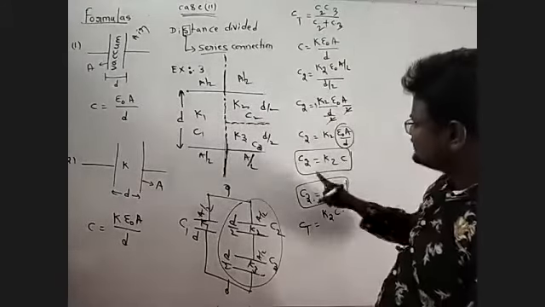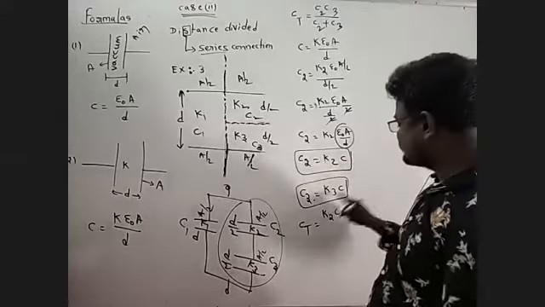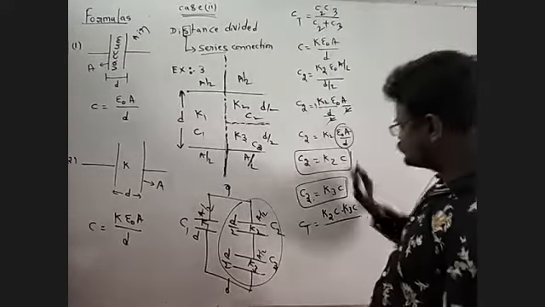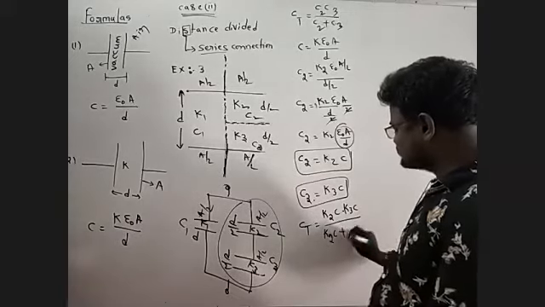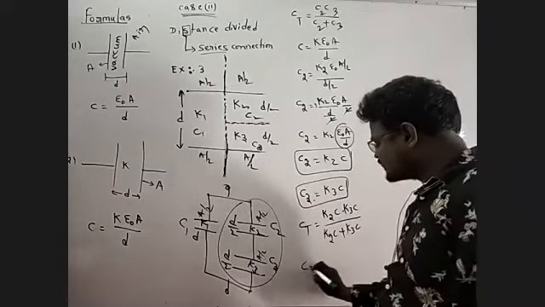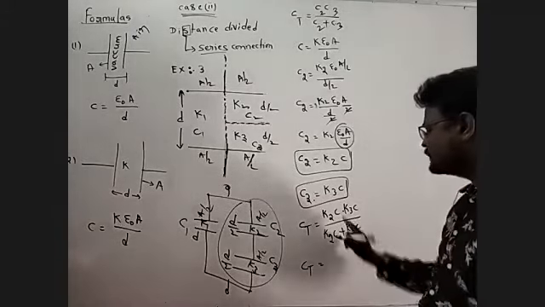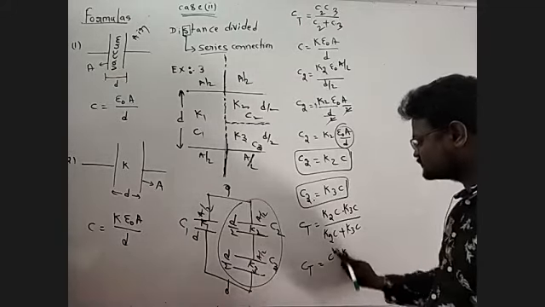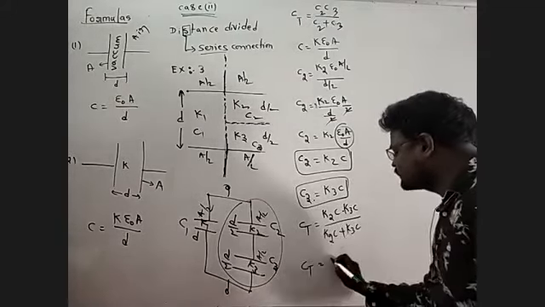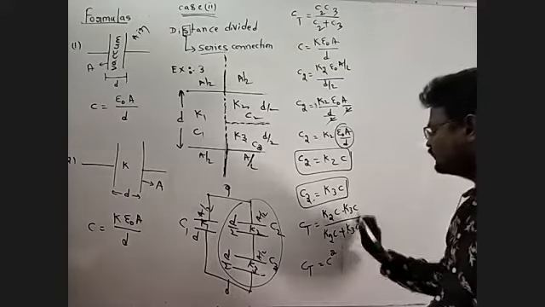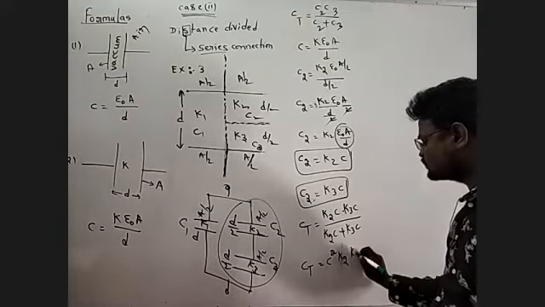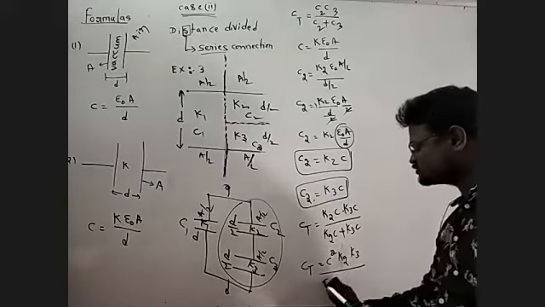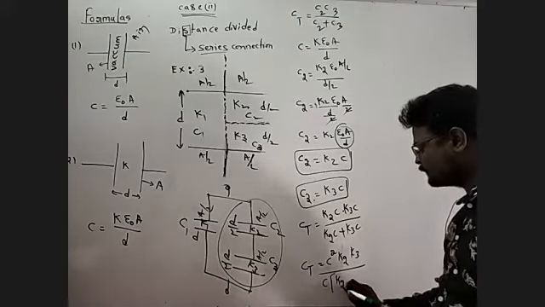C2 means K2 C, C3 means K3 C. So C total is C into C, C square K2 K3, divided by C, taking C common, K2 plus K3.